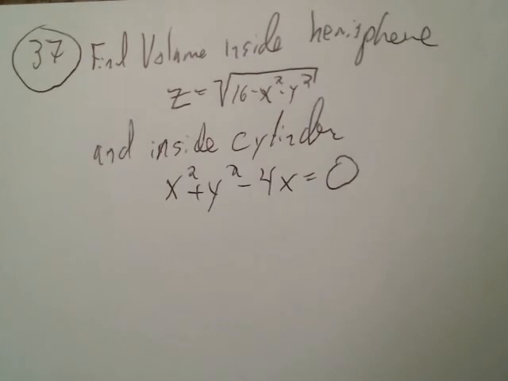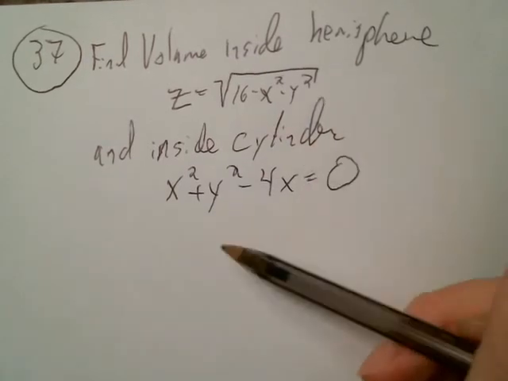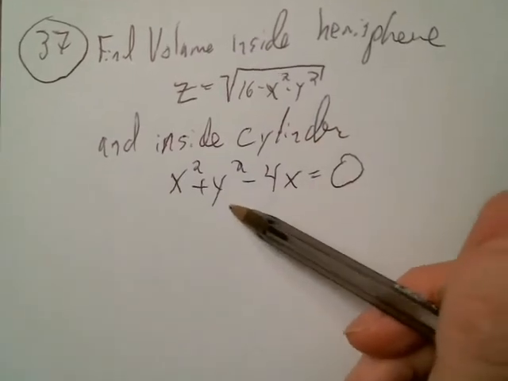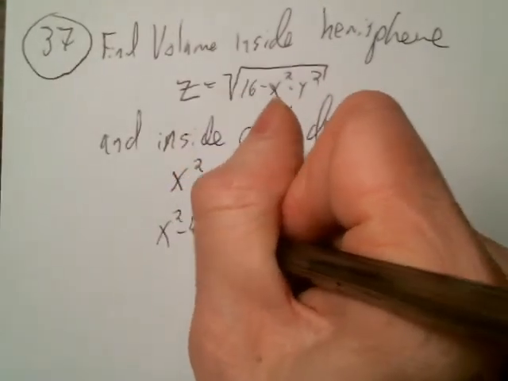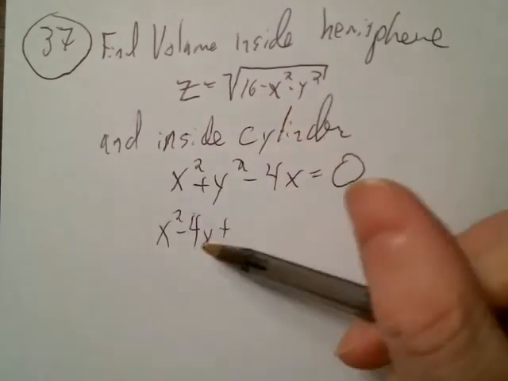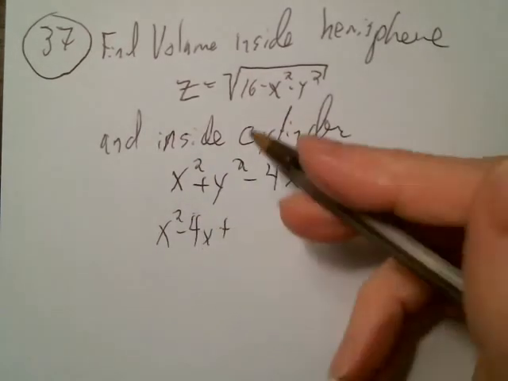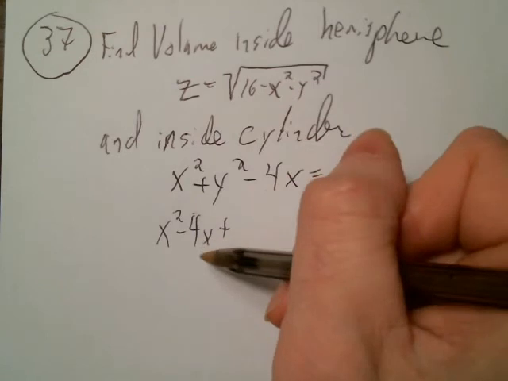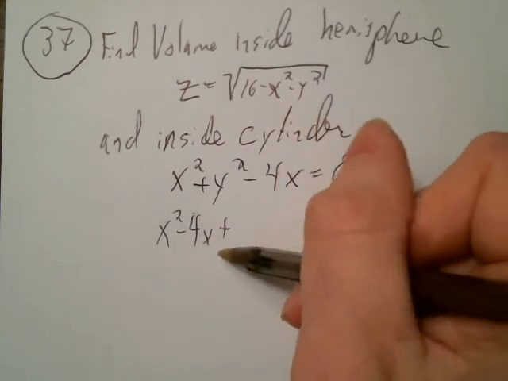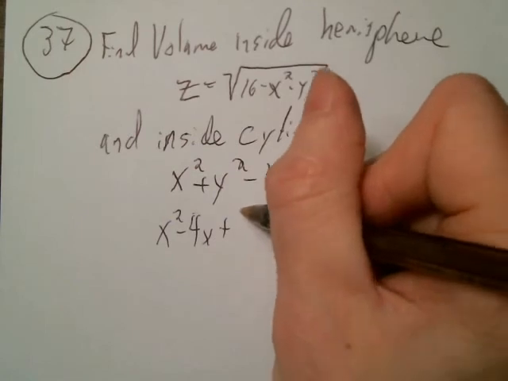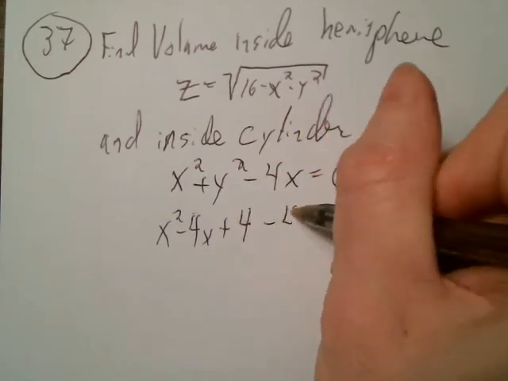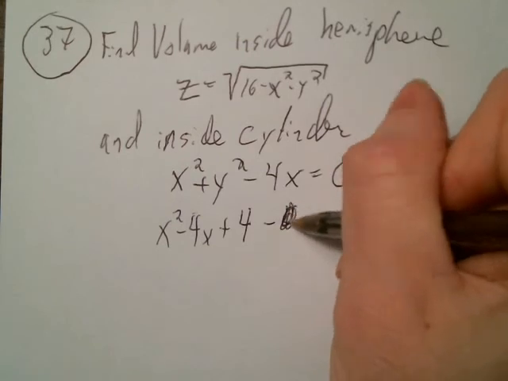Okay, so if you take a look at what this cylinder is, you can complete the square if you're not sure, right? So x squared minus 4x plus negative 4 over 2 squared, right? It's always b over 2, and then you square the whole thing. So negative 4 over 2 is negative 2. Negative 2 squared is 4. Then plus y squared.